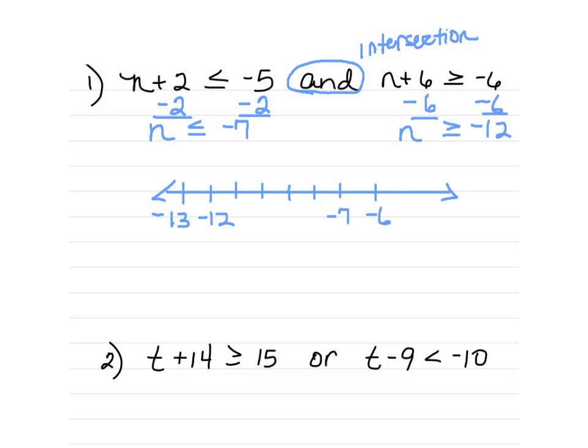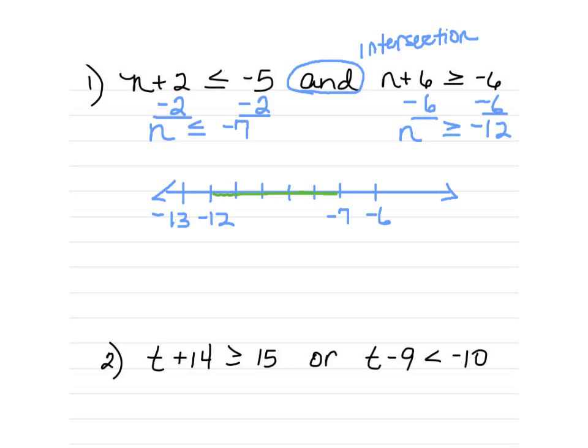And n is everything smaller than or equal to negative 7, so I need a closed circle on negative 7. Notice that n less than or equal to negative 7 would be going to the left, and n greater than or equal to negative 12 would be going to the right.